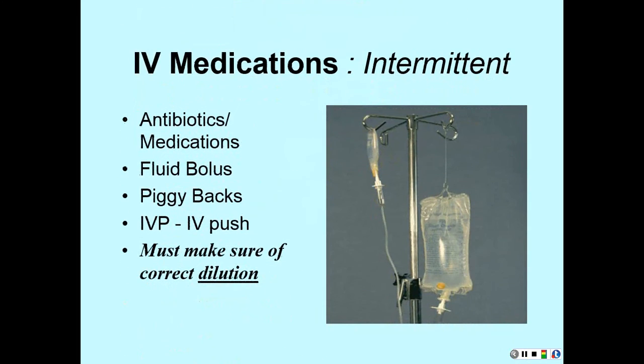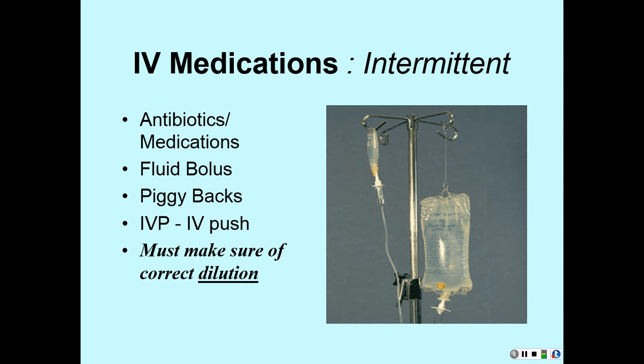Your IV medications that are intermittent, these are your piggybacks. Usually the things that you can use a secondary tubing for. Okay? A fluid bolus, piggybacks, IV push, those are intermittent.